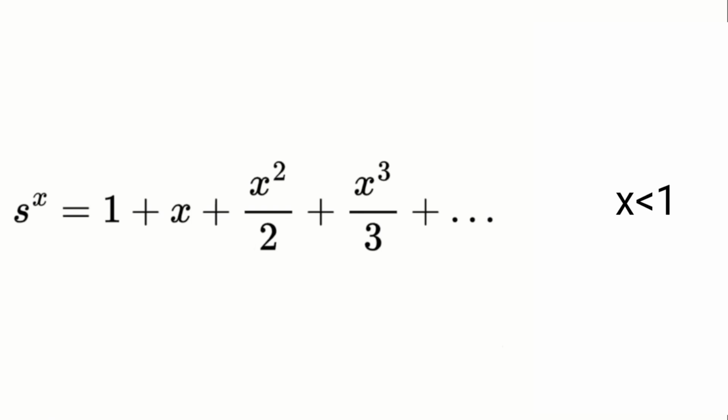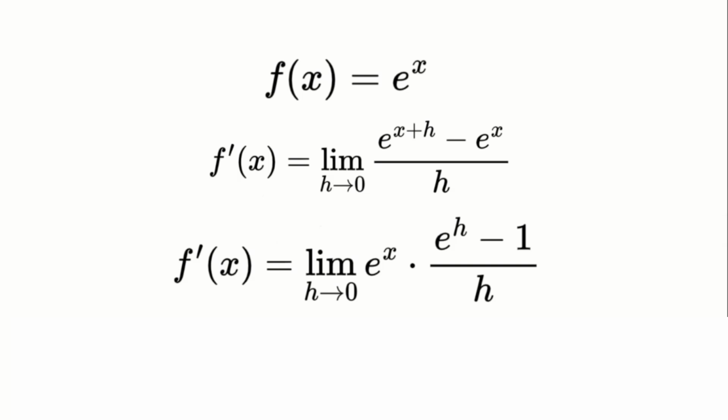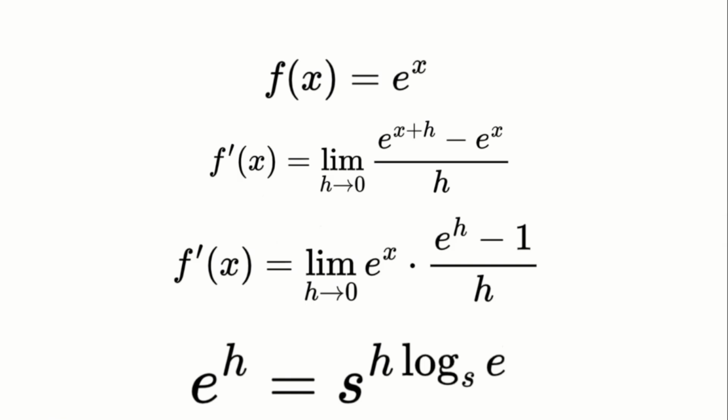Let's start with e to the power of x. Using the definition of the derivative, we write the derivative of f of x equals the limit as h approaches 0 of e to the power of x plus h minus e to the power of x all over h. We factor out e to the power of x and rewrite e to the power of h using the s function. e to the power of h equals s to the power of h times log base s of e.